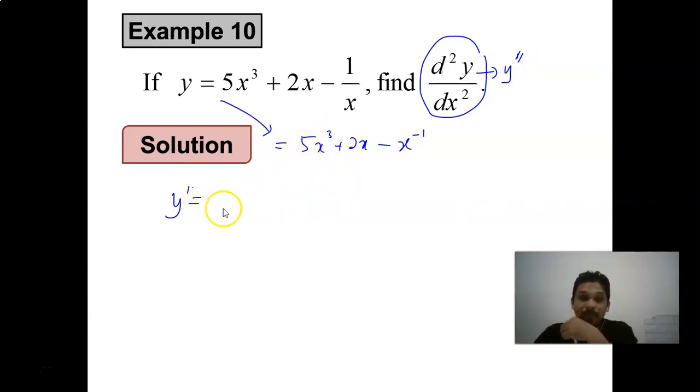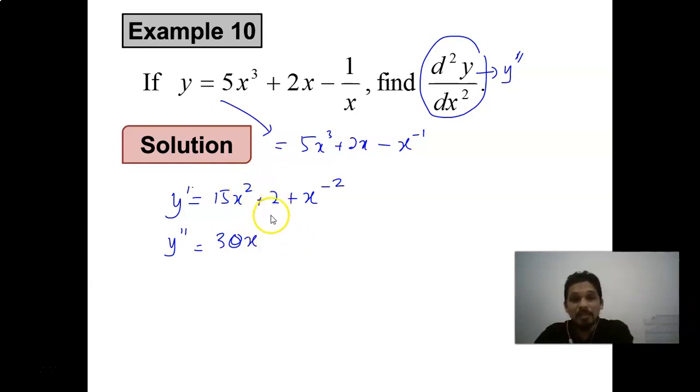So 3 times 5 equals 15x squared plus 2 minus, negative 1 multiplied with negative becomes positive, x to the power of negative 1 minus 1 equals negative 2. And then y double prime: 2 times 15 equals 30x, 2 minus 1 equals 1.